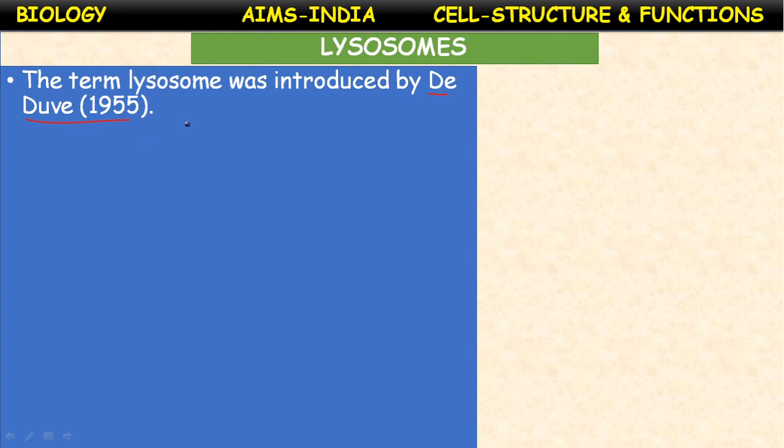The cell gets damaged after death. This puzzle was solved when the lysosomes were discovered as tiny particles visible in the cytoplasm.